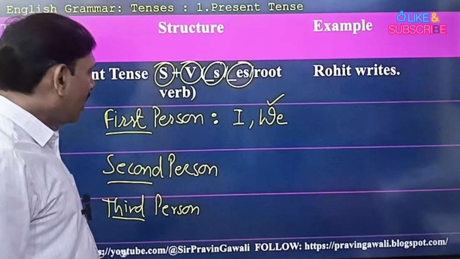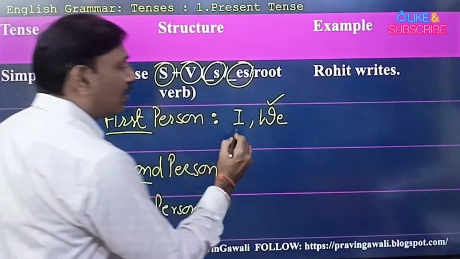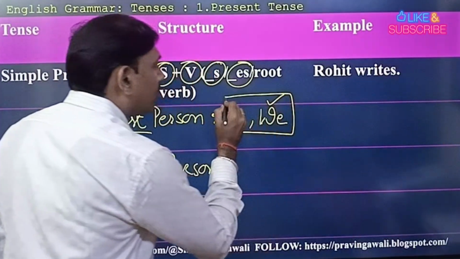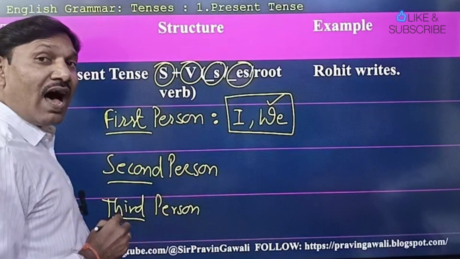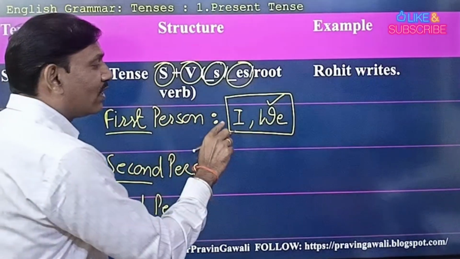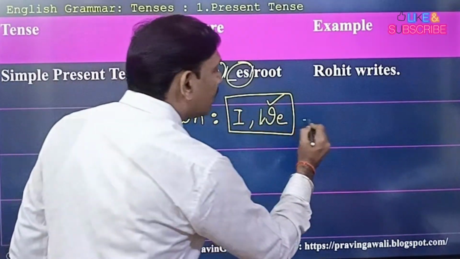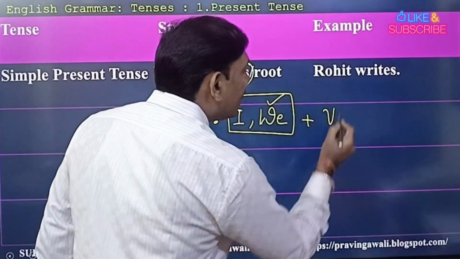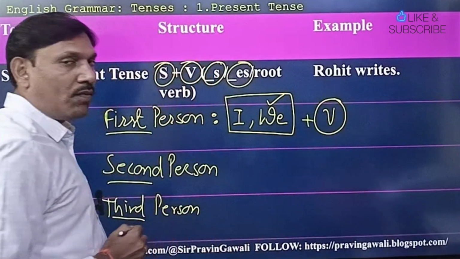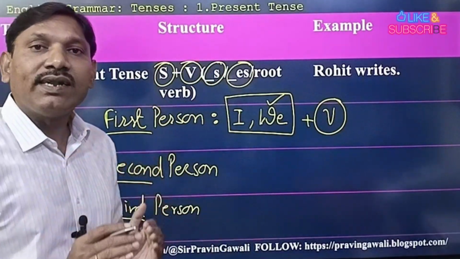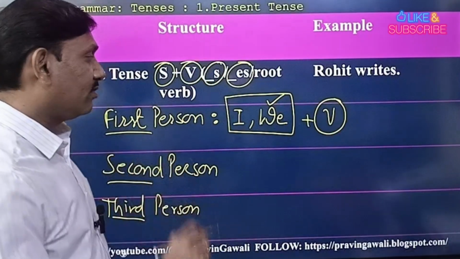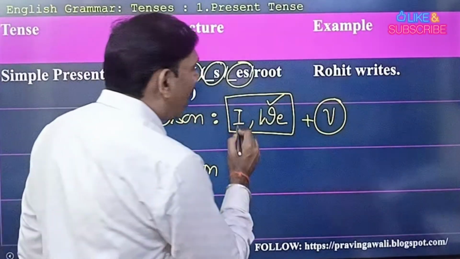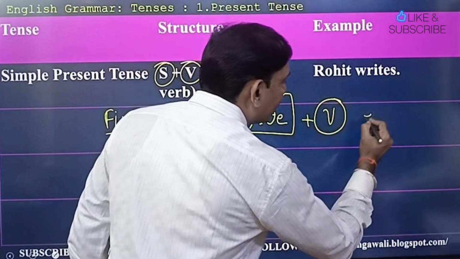Okay, students. Now, when the subject is I or we, in front of I and we the verb will be in the root form. The verb will not take s or es. For example, I eat, we eat.